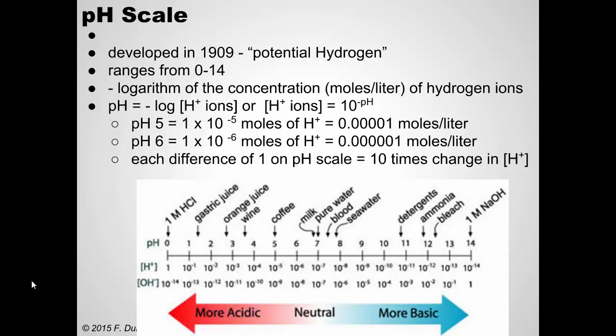We measure acidity using the pH scale. The pH scale basically specifies the acidity or alkalinity, how acidic or basic a solution is. The pH scale was developed in the early 1900s. We think of pH as potential hydrogen. And the pH scale goes basically from 0 to 14.